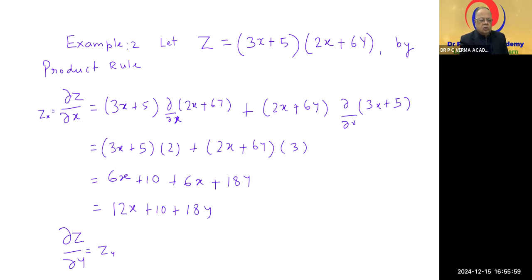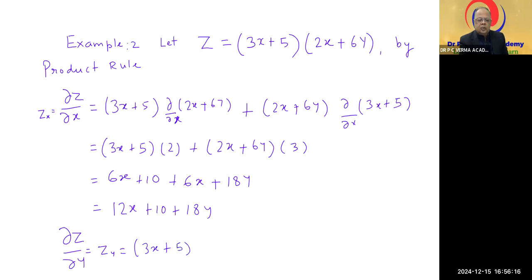Zy will be equal to, the question is the same. We will write down 3x plus 5 and differentiate this one.